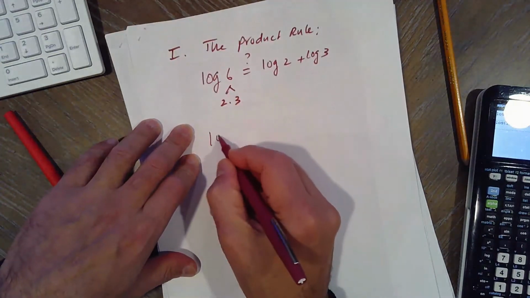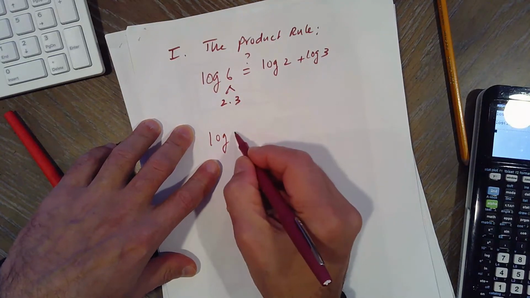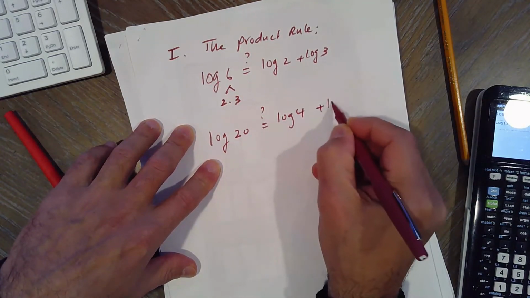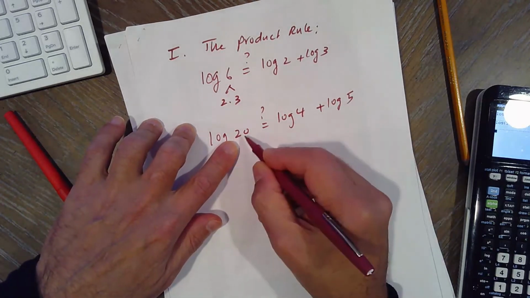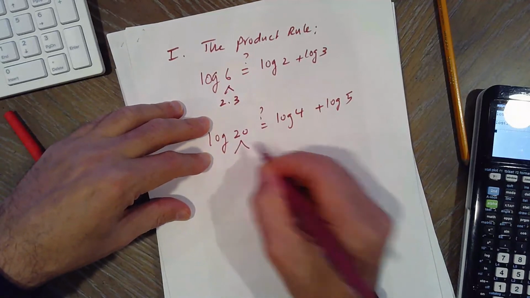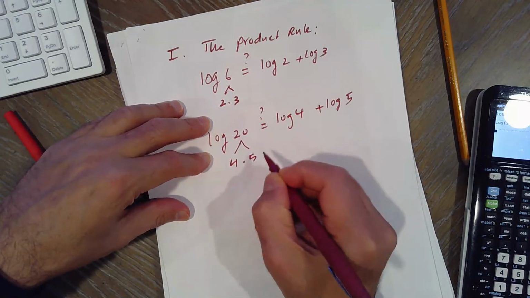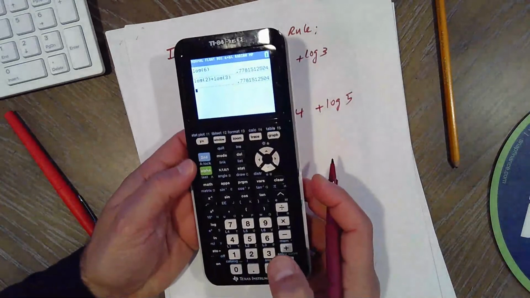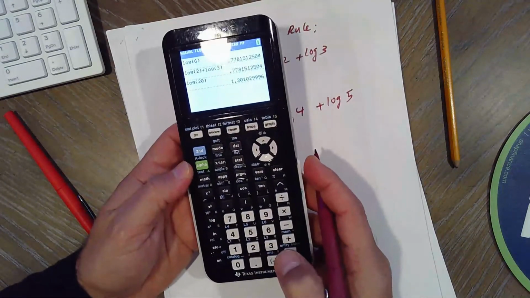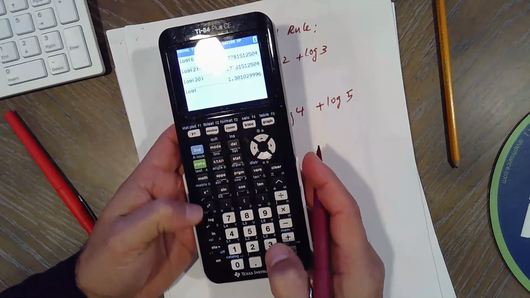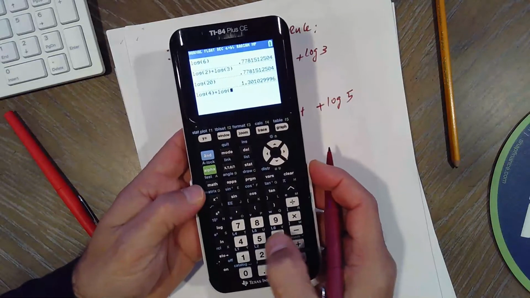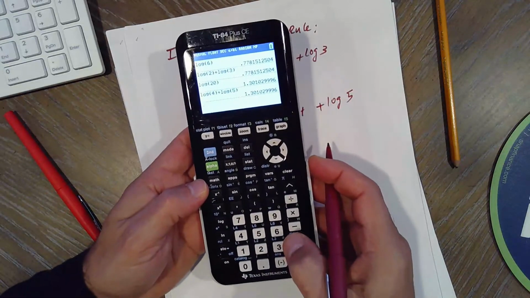Let's try again. Let's try log of 20. Is it log of 4 plus log of 5? Or it could be 2 and 10, yeah. Because 20 is 4 times 5. So let's check. Log of 20 is that, and log of 4 plus log of 5 is the exact same answer.